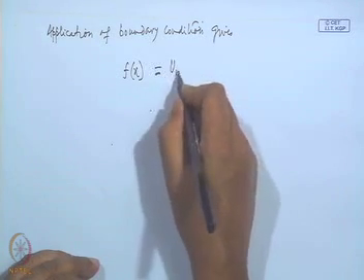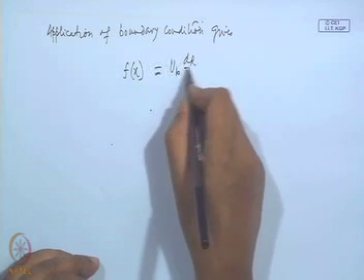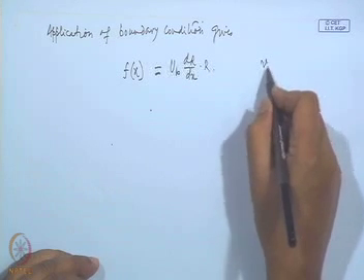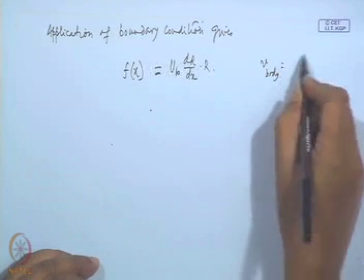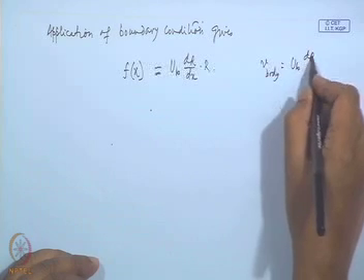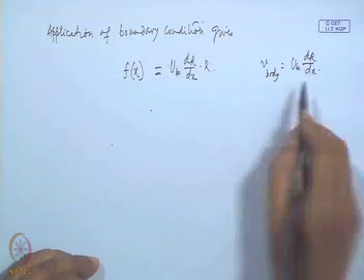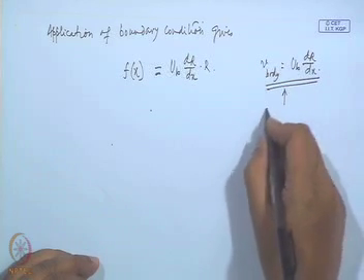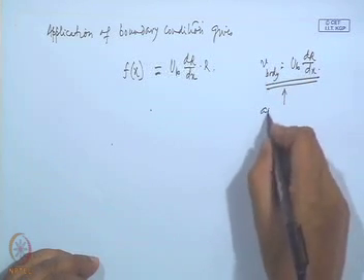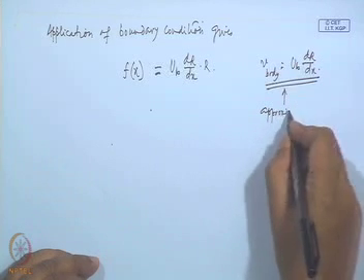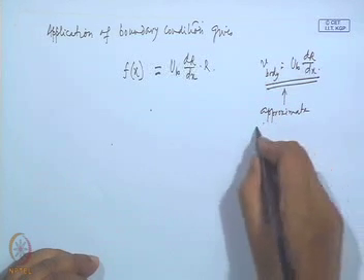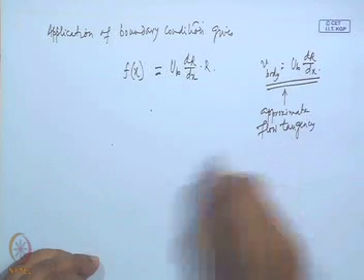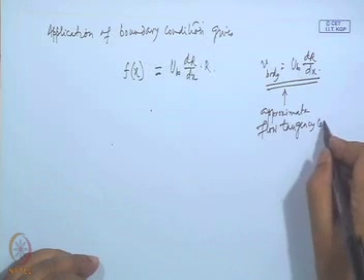V body is u infinity dR dx into R. This is the approximate flow tangency condition, which you have written many times.